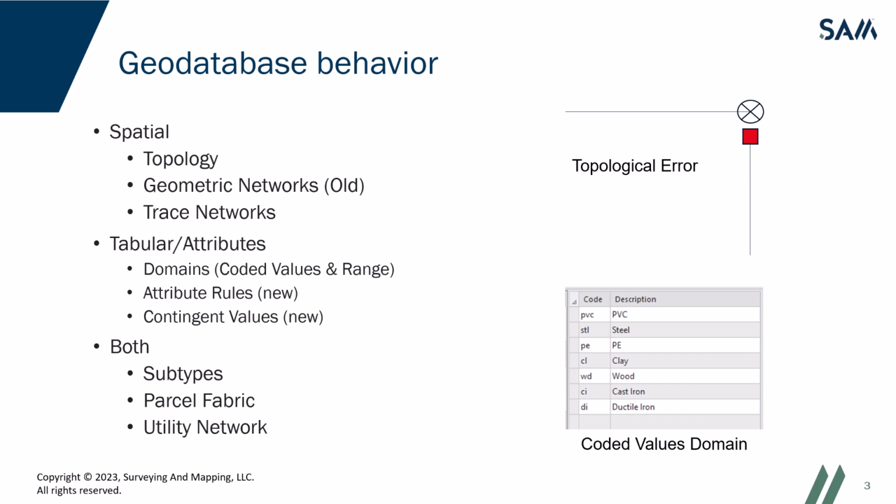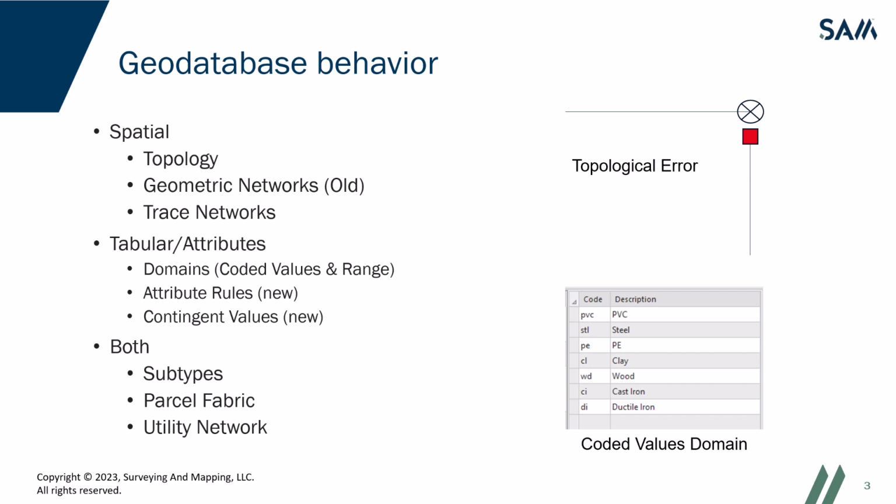For example, shapefiles, KMLs, DWGs, DGNs. None of these support behavior internal to the format itself. Now, you can programmatically put behavior to the data within an application, but it's not native to the data itself.